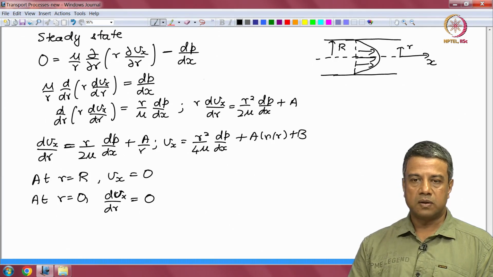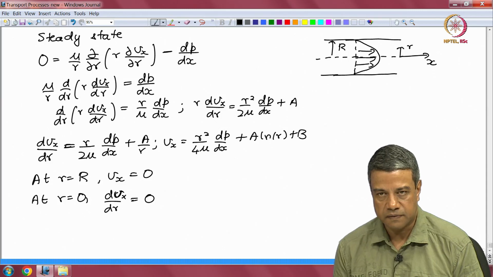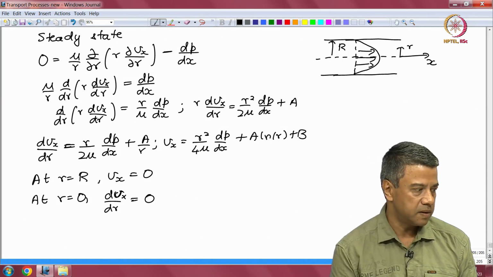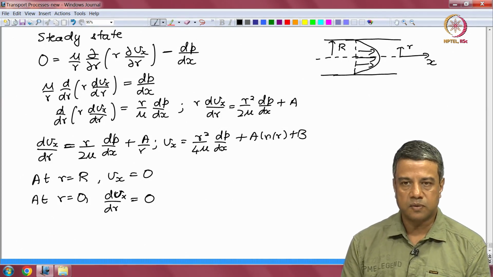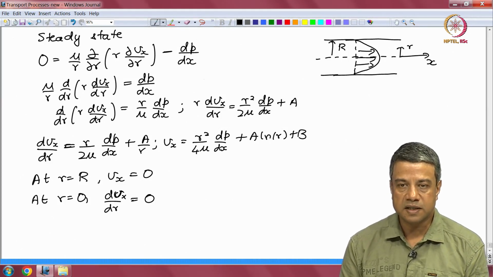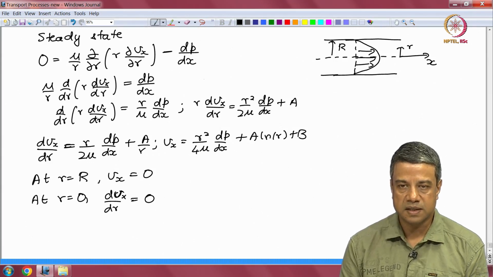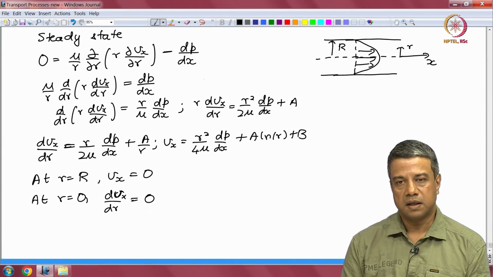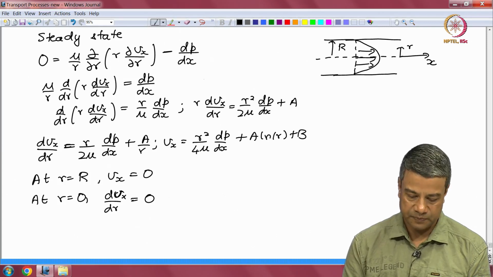Note that this is an axisymmetric configuration. The velocity does not depend upon the angle around the center. So, therefore, you require that as you approach the center, the slope has to be the same in all directions, and that can be satisfied only if the slope is 0 at the center, or the velocity is either a maximum or a minimum.